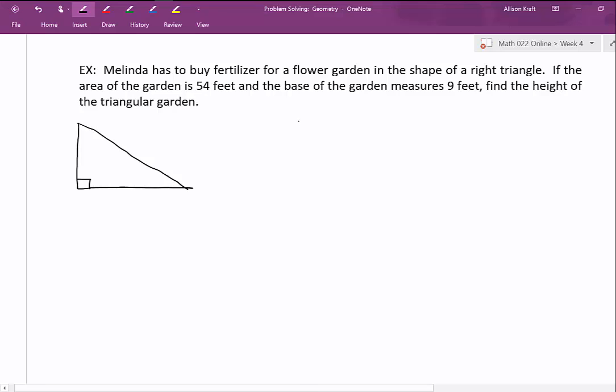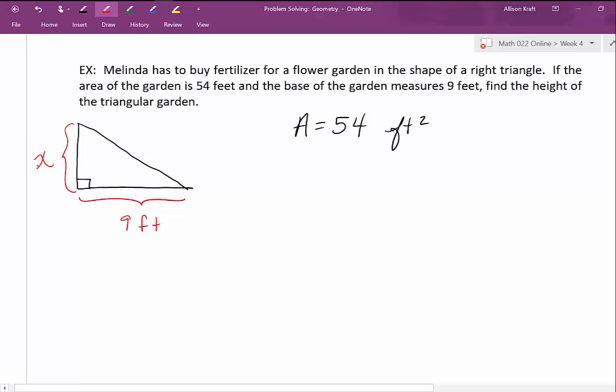The area is 54 square feet, and the base measures 9 feet, and we're asked to find the height.